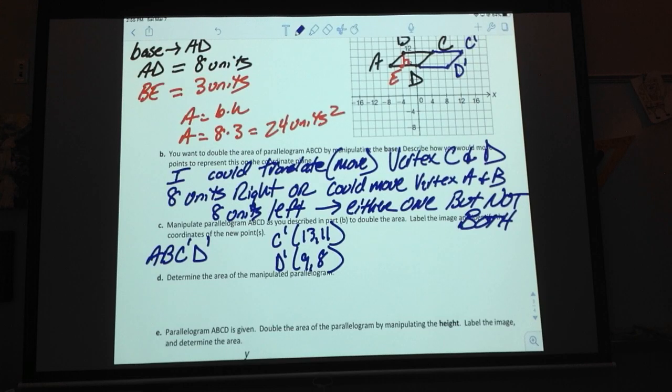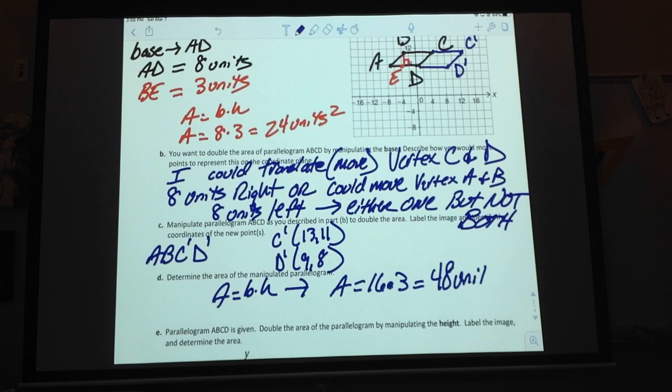So this is going to be area equals base times height, which means it's now going to be area is equal to 16 times 3, or 48 units squared, right? Because why? Well, AD and BC became 16 instead of 8, right? Yep. All right, here we go.